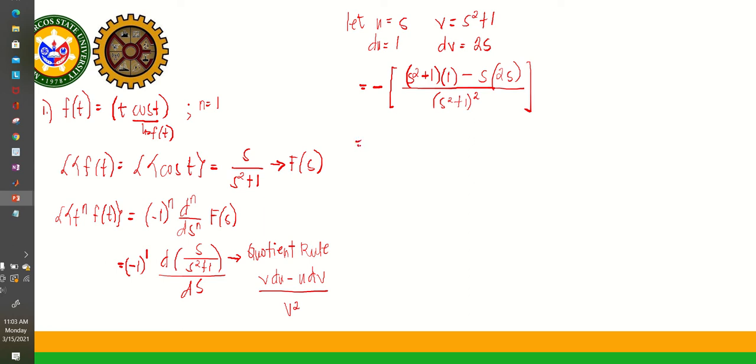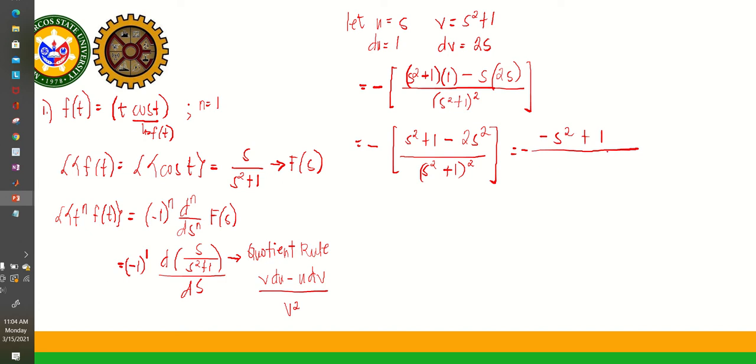Now, we simplify. This will be equal to negative times s squared plus 1, and then negative s times 2s is 2s squared, all over s squared plus 1 quantity squared. So, simplifying further, we have negative, then s squared minus 2s squared is negative s squared plus 1, over s squared plus 1 squared.